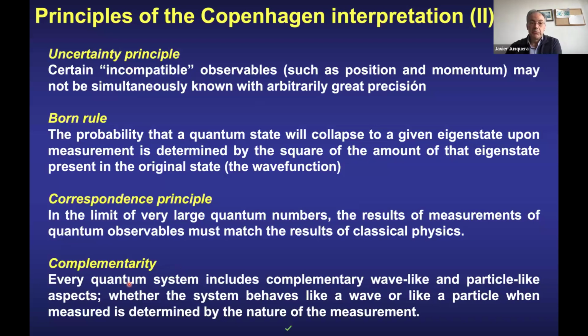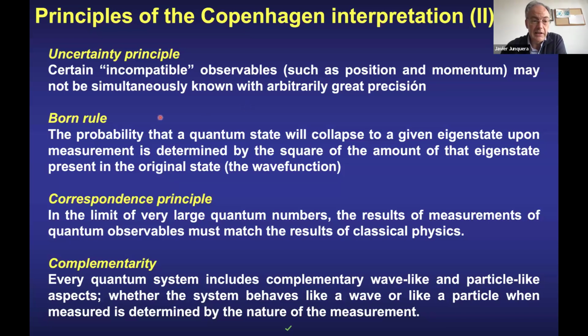Then there is another very important principle called the uncertainty principle, for observables or properties that are incompatible, as is the case, for instance, of position and momentum, or energy and time. This principle tells us that these properties cannot be simultaneously known with arbitrarily great precision.